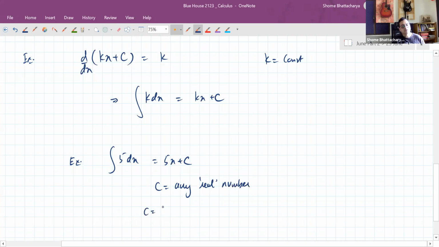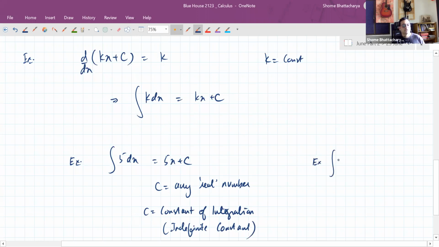So c is called the constant of integration. And it is what we call an indefinite constant because it does not have a definite value. So it can take any real value. So like that, integration of, let's say, minus 20 is minus 20x plus c. So we can just see the proof of this, that if you differentiate this, you will get minus 20.